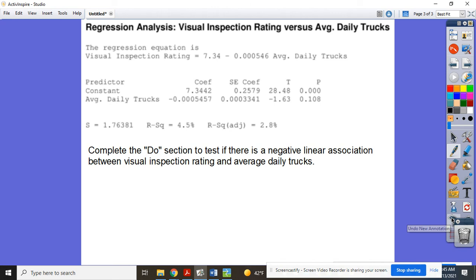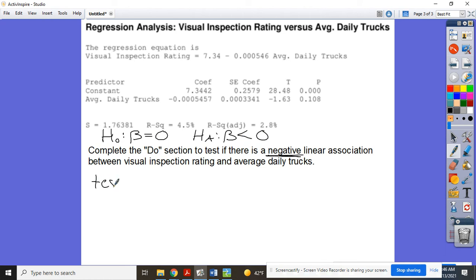You just won't need it. So if I'm completing the do section and I'm testing to see if there is a negative linear association, what does it mean to be negative? That means my null hypothesis is what? And that my alternative is, which means we are doing a what? One tail.